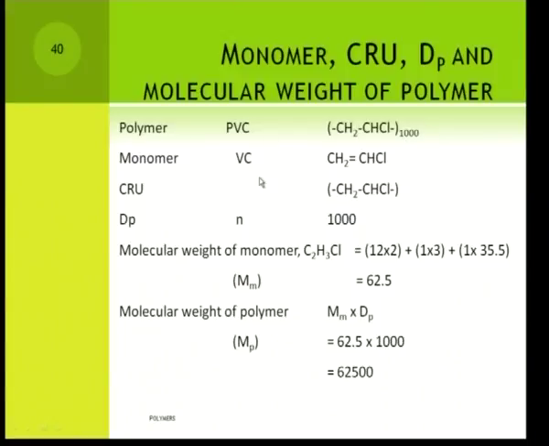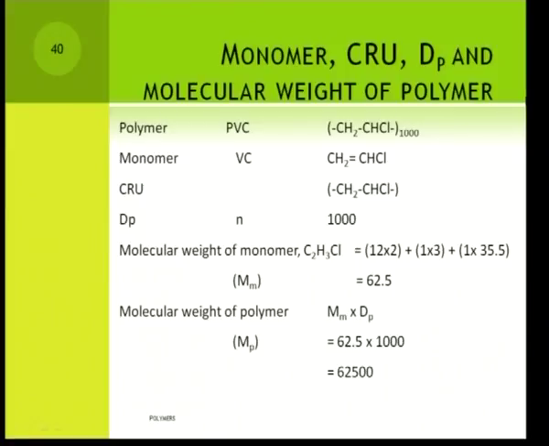Now, the monomer is vinyl chloride, which is nothing but CH2=CHCl. Remember, whenever you write a polymer molecule, it should generally be written within a square bracket or a parenthesis like this, and this number should be mentioned. If a number is not possible, just put it as n or p or any alphabet, which tells you that it is repeated so many times and hence it is a polymer.